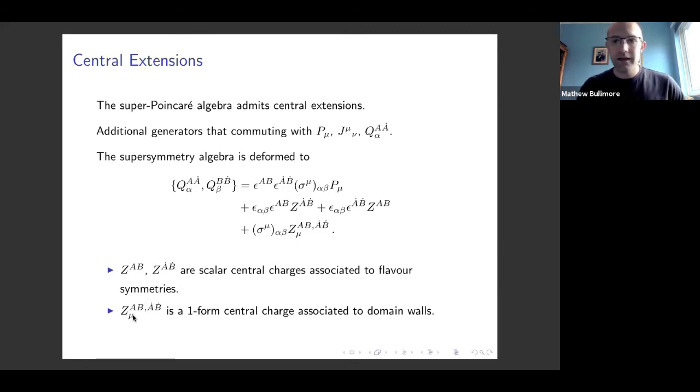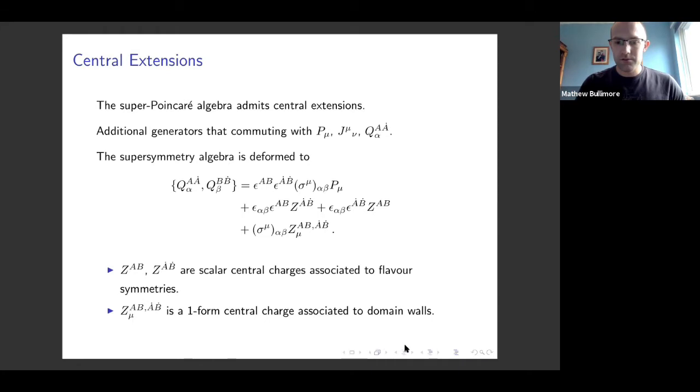You can think of the fact that it's a vector as a vector perpendicular to domain walls. Both of these central charges are going to play an important role in what I'm going to say. I'm going to talk about the scalar central charges first, and then at some point the one-form central charge will make an appearance.